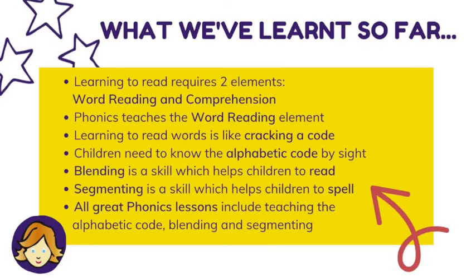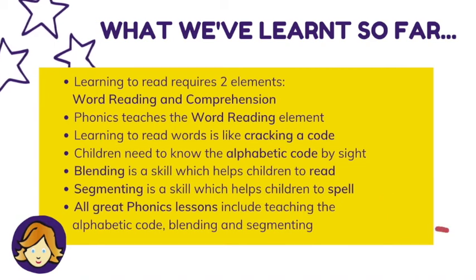So remember, this is what we've learnt so far. Learning to read requires two elements: word reading and comprehension. Phonics teaches mainly the word reading element, and learning to read is like cracking a code. Children need to know the alphabetic code by sight and automatically to be capable and confident readers.